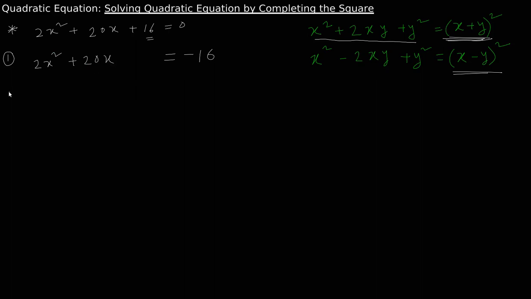Okay, so the second step is, as you can see, with x square here I have a 2. Now look, in the original x square I have no coefficient, so I want to make sure the 2 does not stay anymore. So I am going to divide the whole equation by 2.